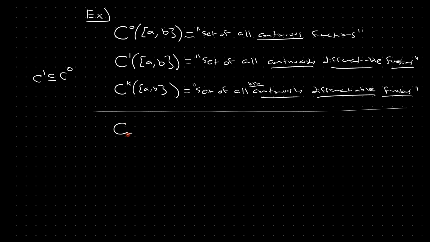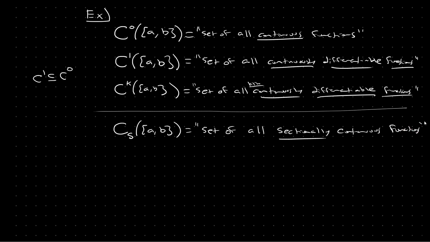So we might talk about, say, CS of [a, b], which is the set of all sectionally continuous functions. A function is called sectionally continuous if it has at most finitely many jump discontinuities. It's relatively straightforward to verify that this is in fact a linear vector space, just like these three are as well.